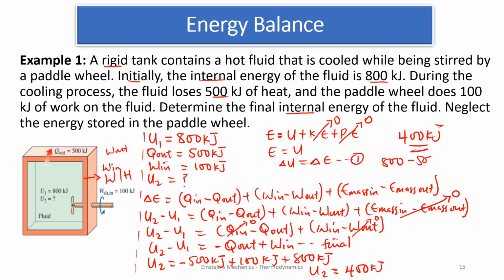So I'm having how many now? I'm having 300 now. It has lost 500 due to heat loss. And a paddle also does a work of 100 on the fluid, an addition of work, 100, meaning the final energy now will be 400. So you see, it makes sense. So this is our final U2.